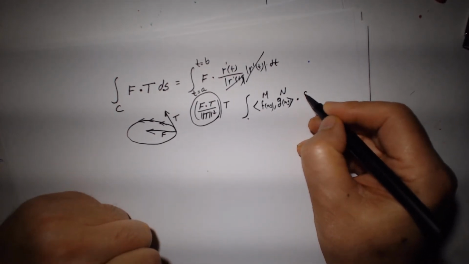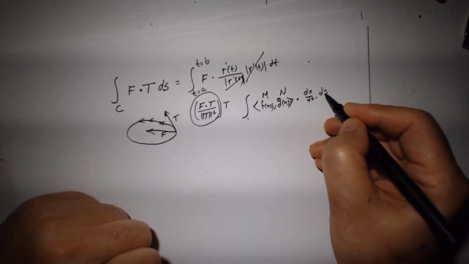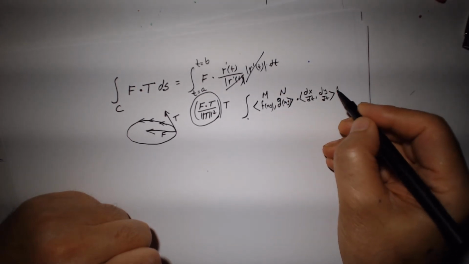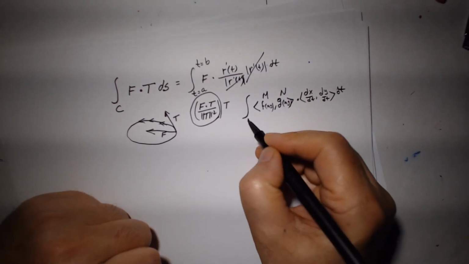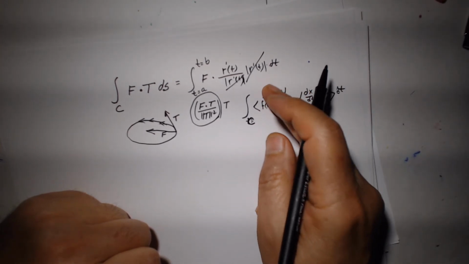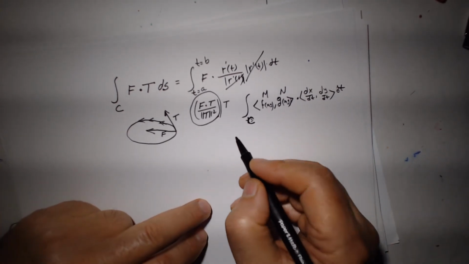And r prime is nothing except dx/dt, dy/dt, and that becomes a dt. And that becomes the line integral.